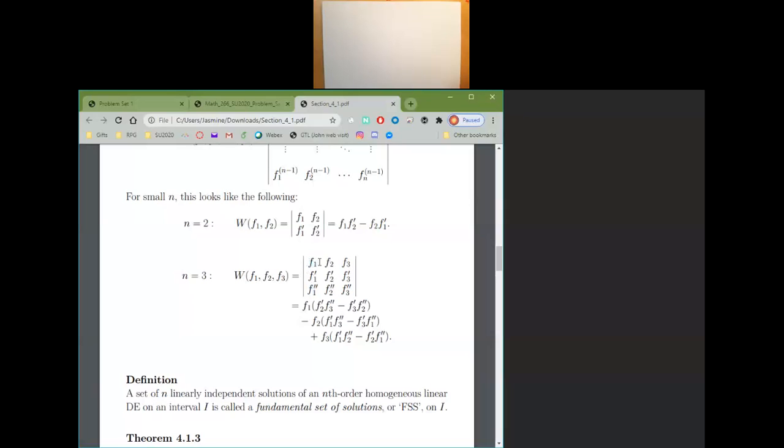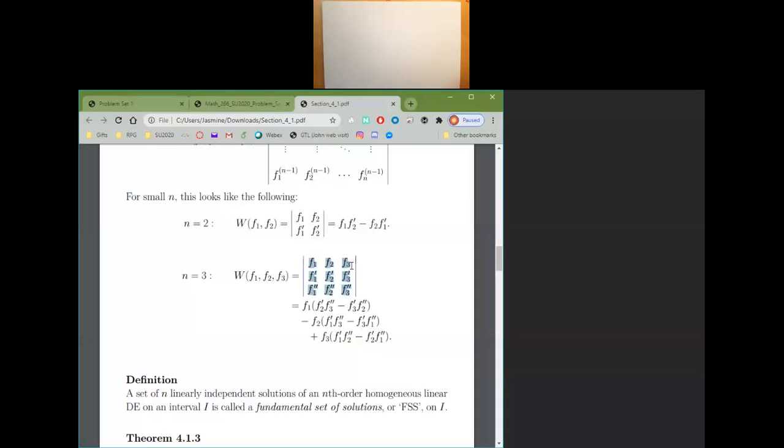If F1 is equal to 5 and its derivatives, hence, are both 0, then definitely choose that column to expand on. But what you're doing is you're taking that row or column, and for each of the terms in that row, you're saying, take this entry and then multiply that by the determinant of the things that are left.